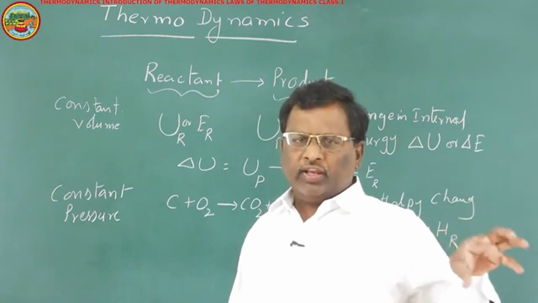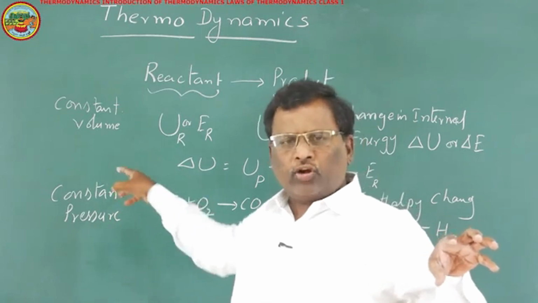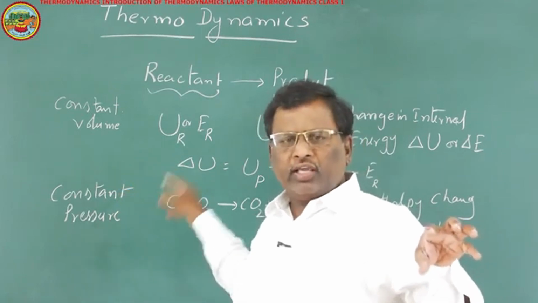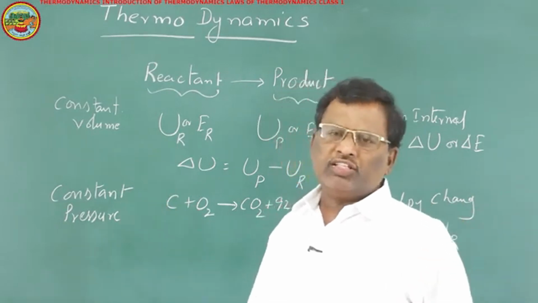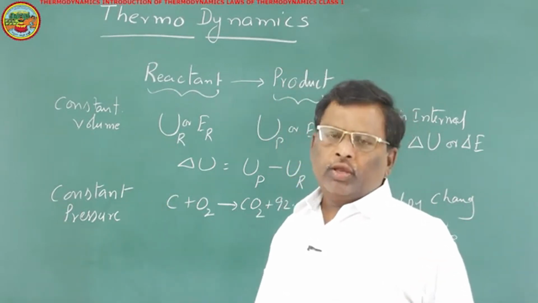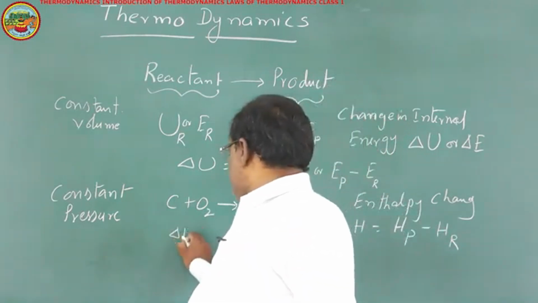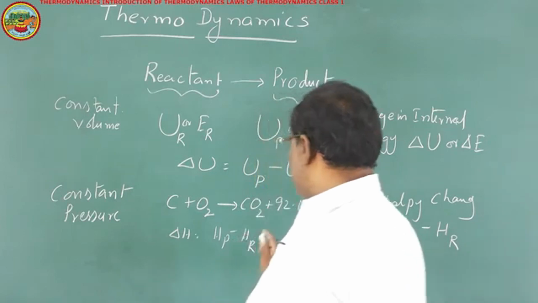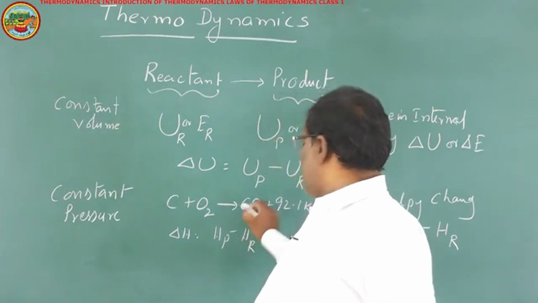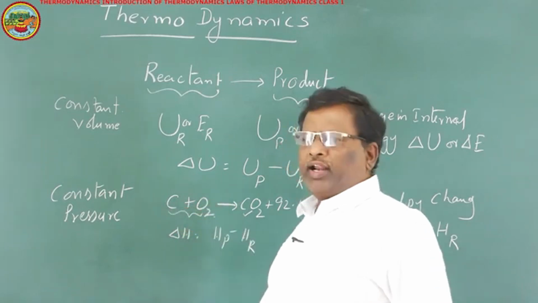That quantity of heat liberated at constant volume, we call the change in internal energy. If we measure it at constant pressure, we call it the change in enthalpy. This enthalpy change is denoted with delta H, and delta H is nothing but Hp minus Hr. That means it is the difference between the enthalpy of carbon dioxide and the total enthalpy of carbon and oxygen.